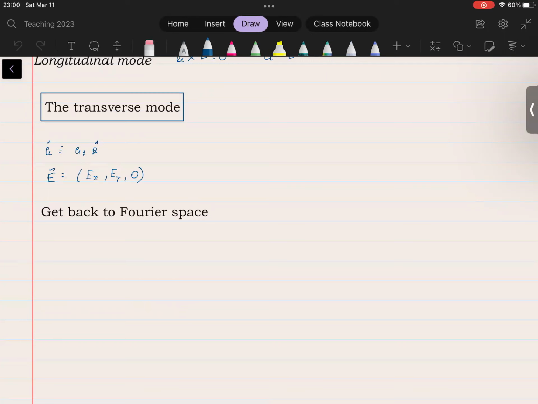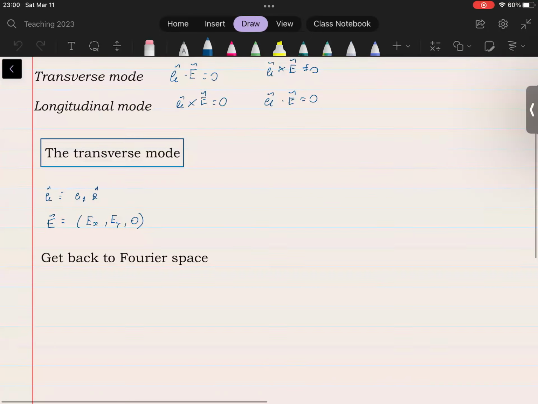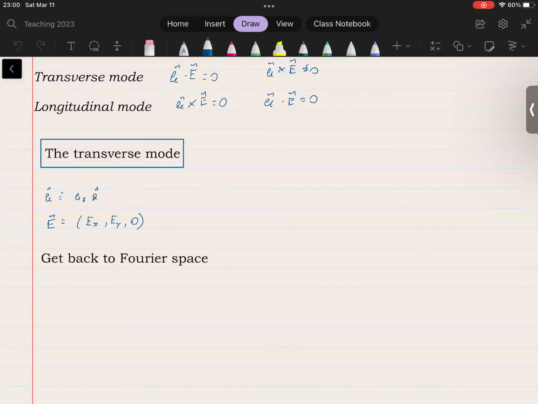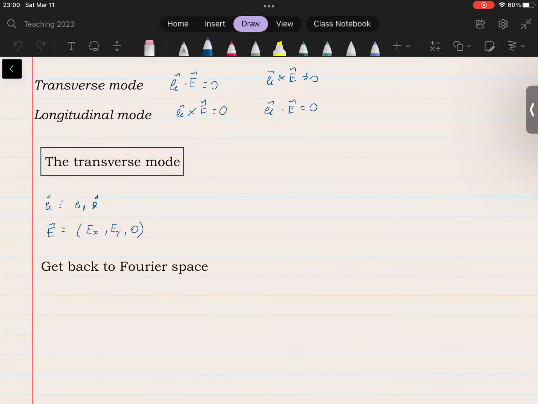Now, hopefully you see that the magnetic field in this case is not zero. Well, let me type it.